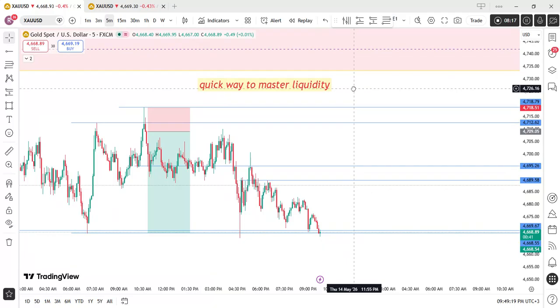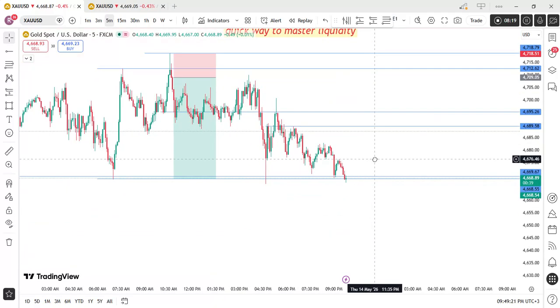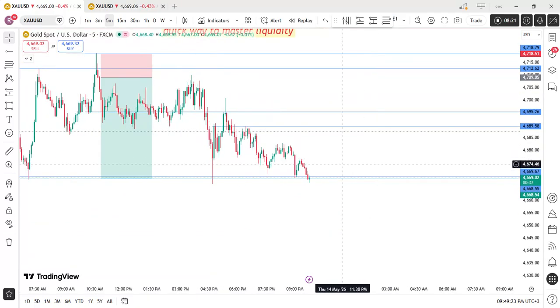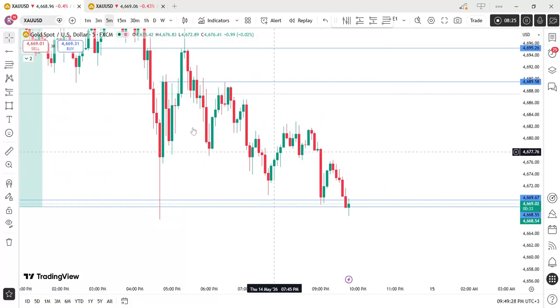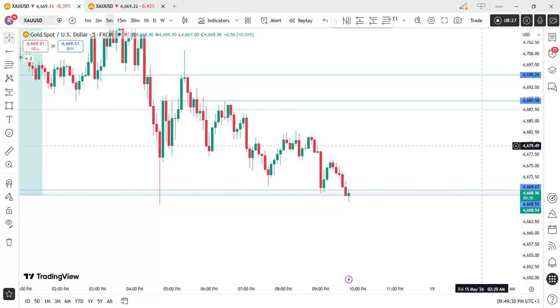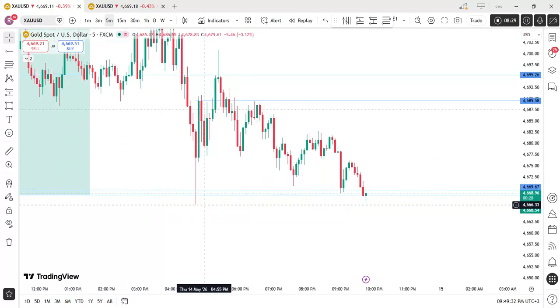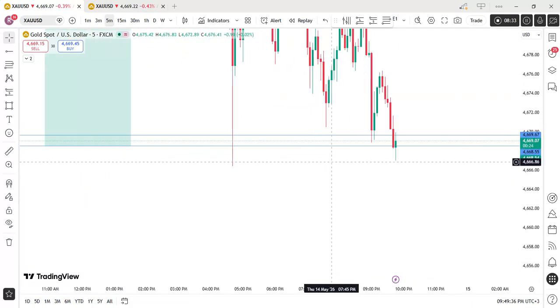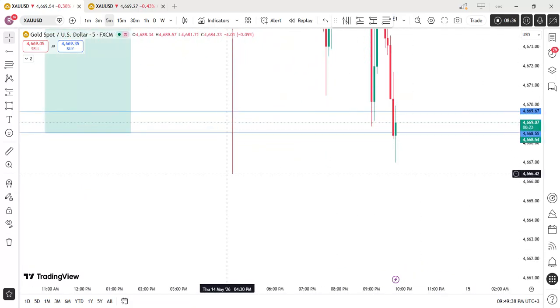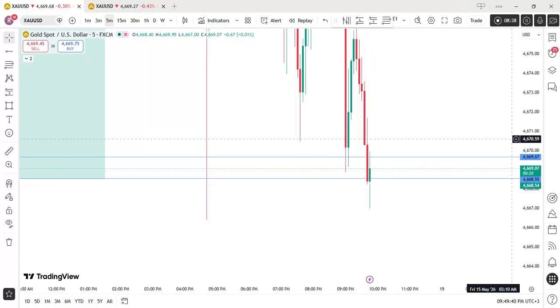But you see, price sometimes can do what it wants to do. It's not about me controlling this. It's about it delivering. So you see over here, price is now currently moving against that bias. It hasn't yet tapped, for example, this traders out. You see, but it is headed there.